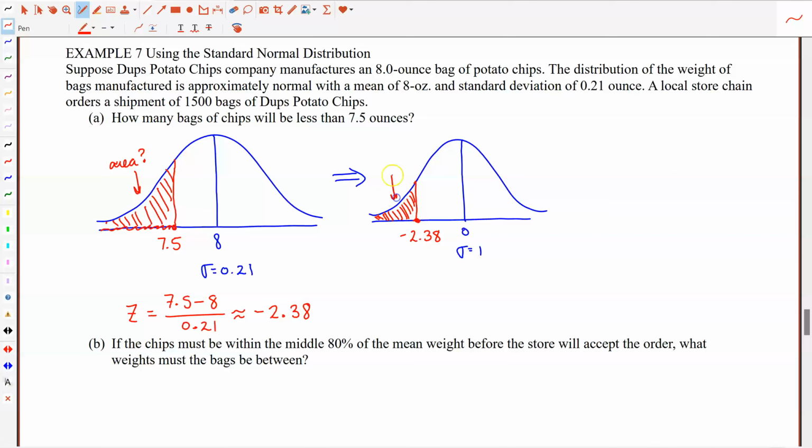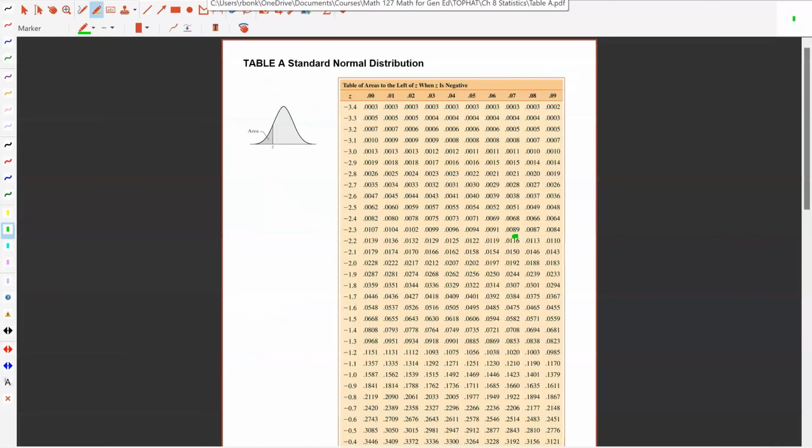Notice that we are wanting the area to the left, which is helpful because it's exactly what Table A gives us. Table A will give us area to the left of a particular z-score. And in this case, the z-score I'm looking at is negative 2.38. So to the table. We find negative 2.38. So here is negative 2.3 over here on the left.